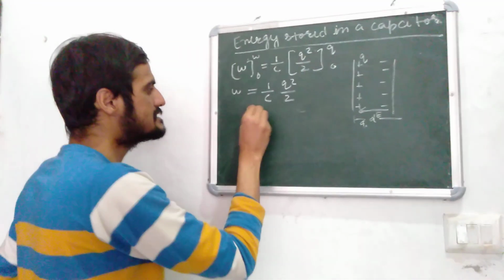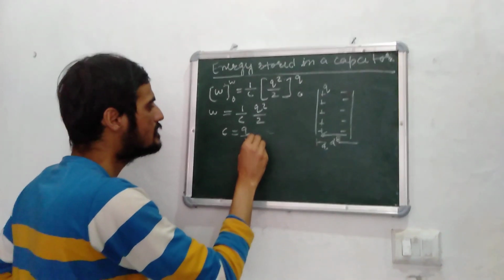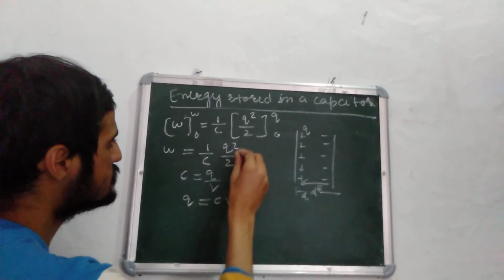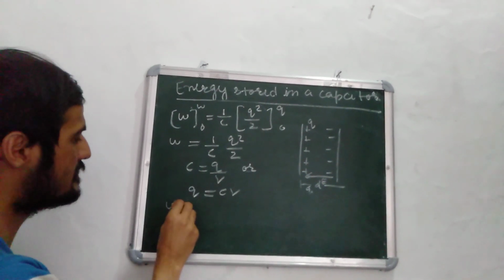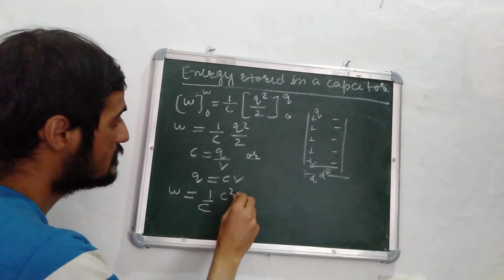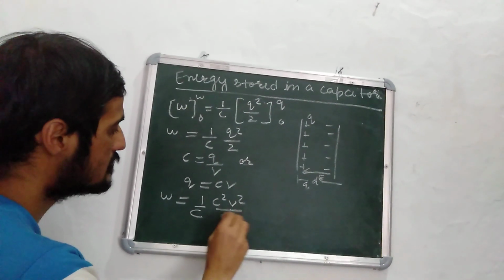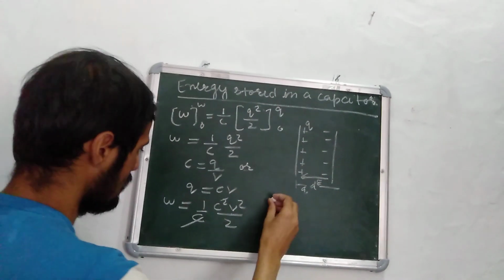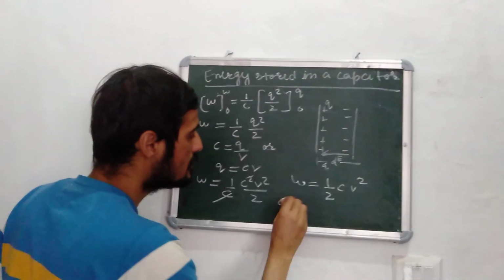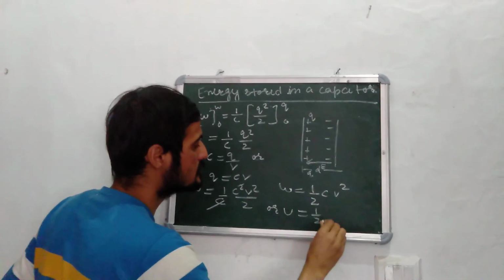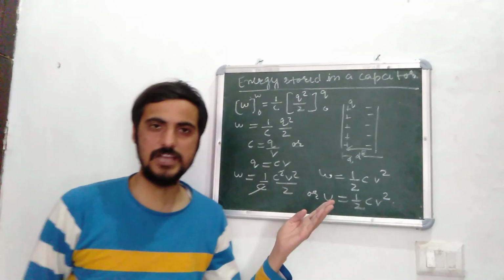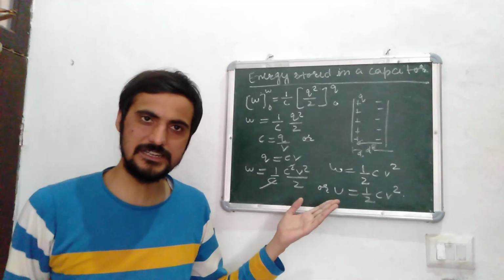Again, as we know that C is equal to Q upon V, Q is equal to CV. Substituting this value, we get W is equal to 1 upon 2 CV square, or U is equal to 1 by 2 CV square, which is the required expression for the energy stored in the capacitor.